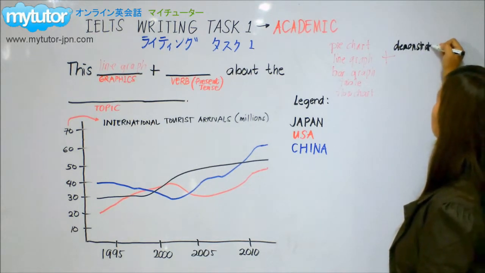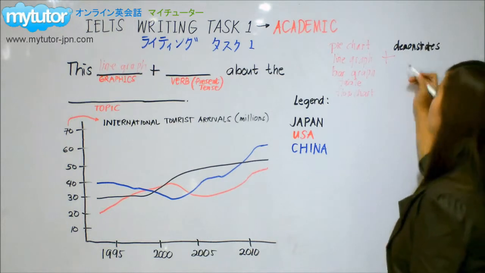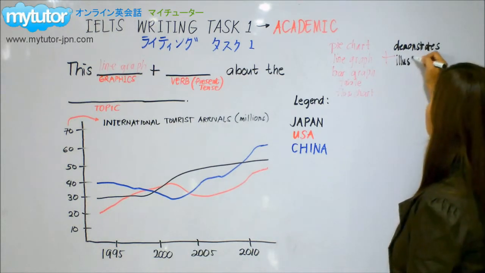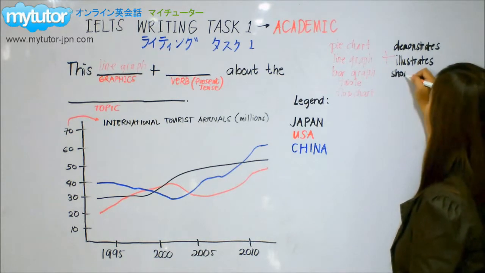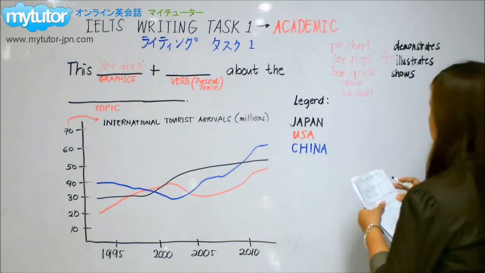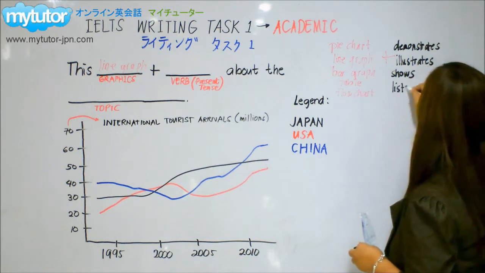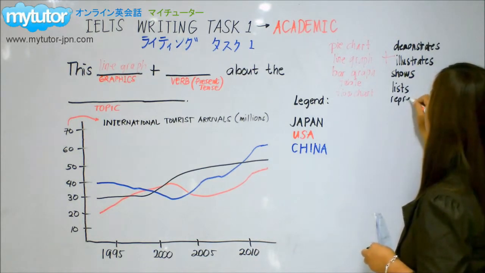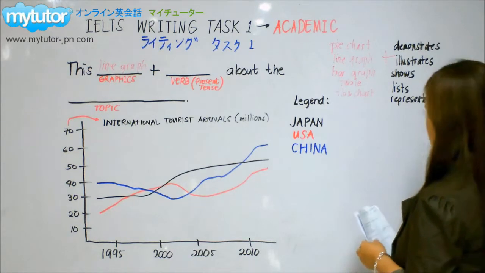This is in the present tense. You can say illustrates. What else do we have? We can say shows, very simple. It demonstrates. It illustrates. It shows. It lists. It represents. What else?